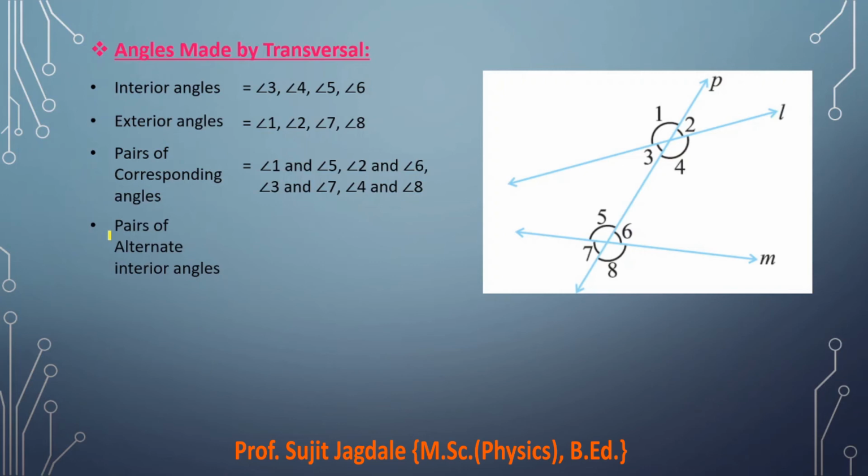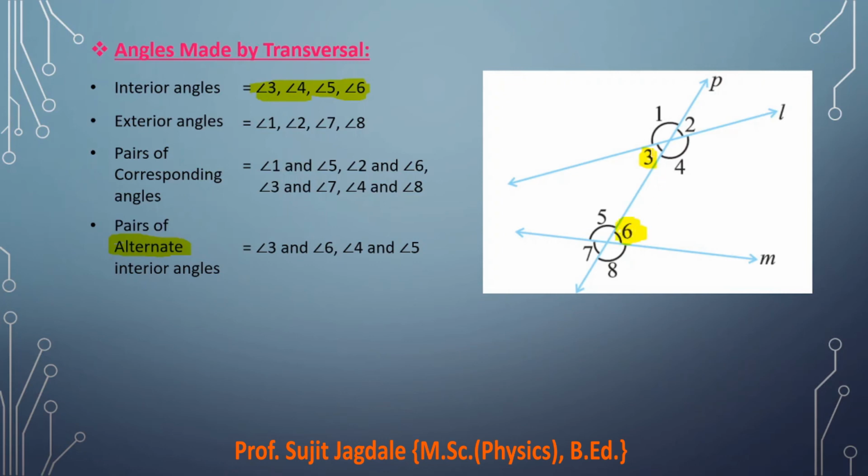The next one is pairs of alternate interior angles. There are four interior angles and we have to consider alternate. Alternate means one after another, that means not the same, different. So there are two alternate pairs. 3 and 6 is the first pair.